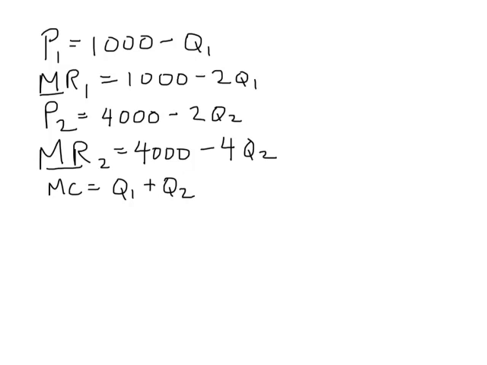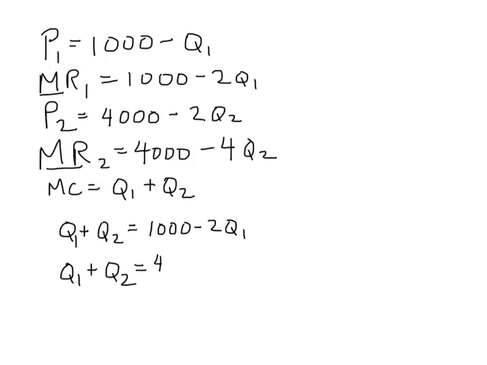So that gives us two equations that we can express in terms of just two unknowns. So Q1 plus Q2 is equal to 1,000 minus 2Q1, and also Q1 plus Q2 is equal to 4,000 minus 4Q2.